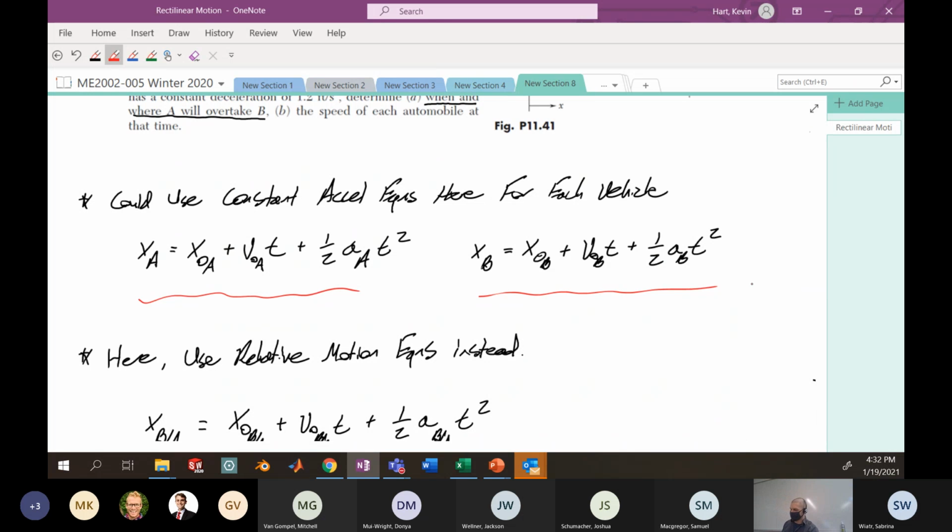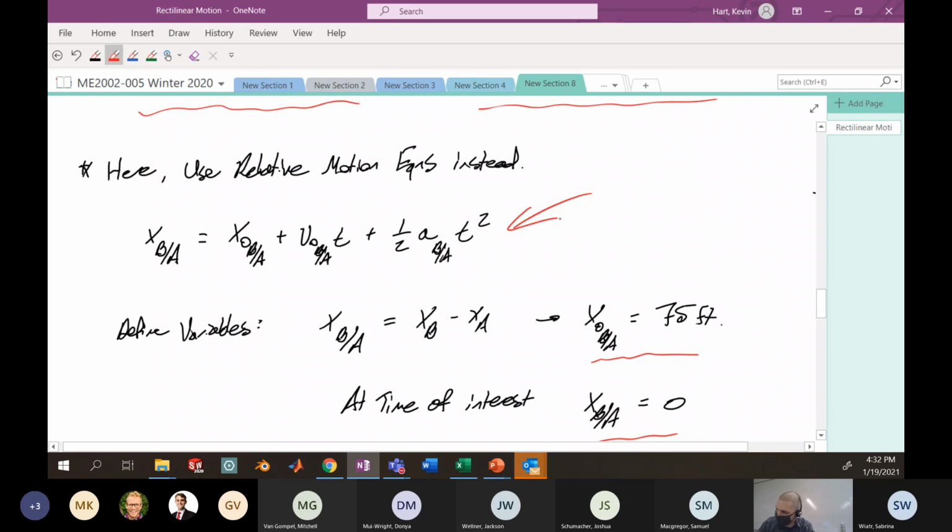If you want to think of a third equation being xA equals xB, you would equate these two equations to each other and be on your way. Just equating these two equations, saying xB equals xA, basically transforms it into this equation here, right? So you see the power of the relative position equations there.